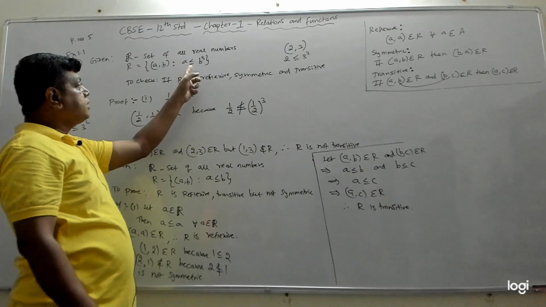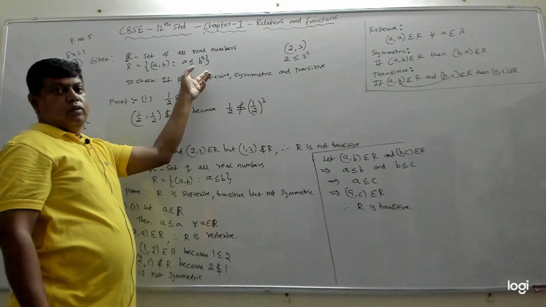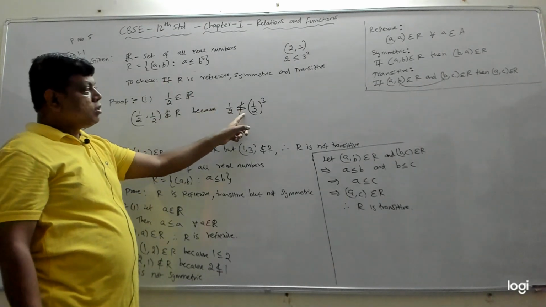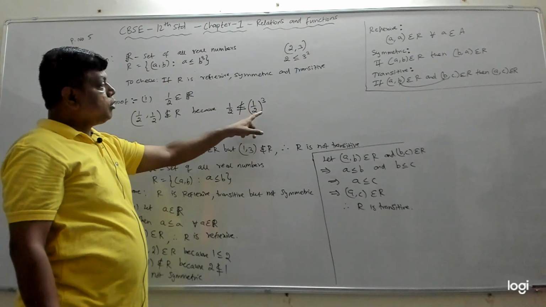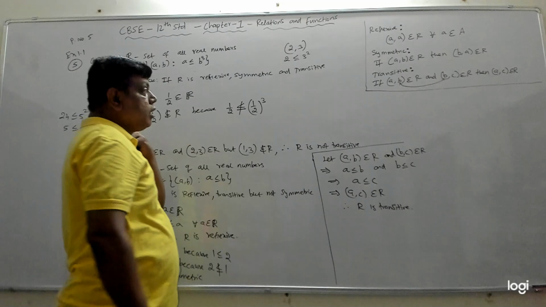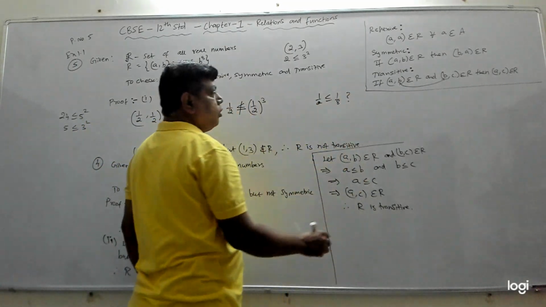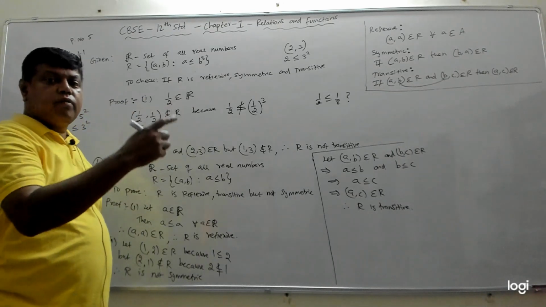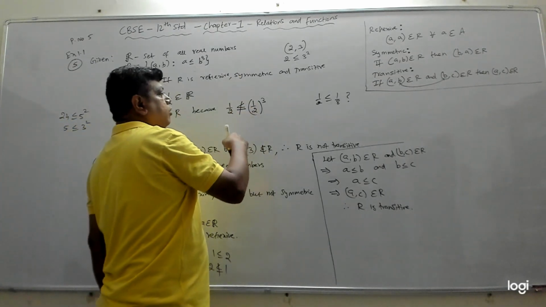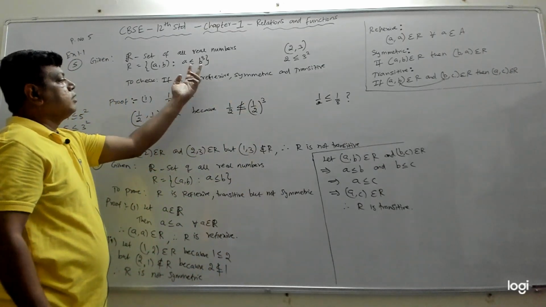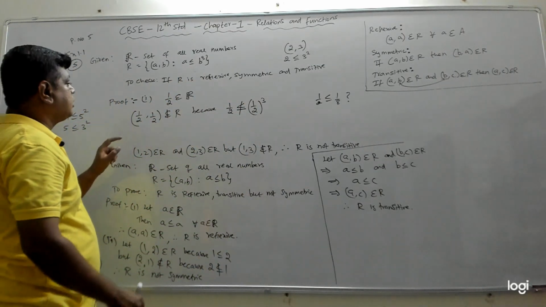A is less than or equal to A cube is not true when A is 1/2. (1/2) cube is 1/8, and is 1/2 less than or equal to 1/8? No. 1/2 is greater than 1/8. So this condition is failing for the number 1/2.